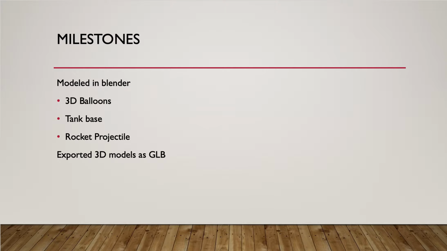So for my milestones, I've modeled a bunch of things in Blender. The balloons, the base of the tank that the turret will sit on, and some rocket projectiles, which I will show you.